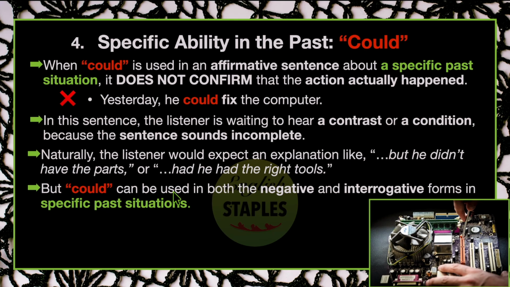But could can be used in both negative and interrogative forms in specific past situations. The negative and the interrogative forms are okay. Yesterday, he couldn't fix the computer. That's okay. It's in the negative.